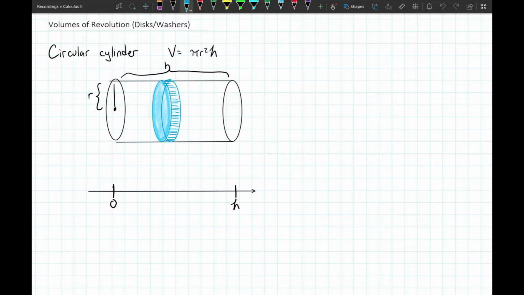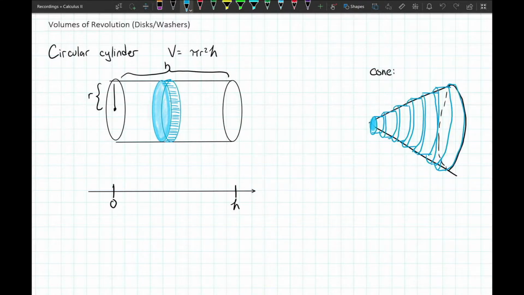But thinking about other objects, for example, a cone, as we move from one position along the x-axis to another and take a look at slices of this volume of revolution, those surface areas are not always going to be the same. Our first is going to be very small at one end of the cone, and as we move towards the opposite end of the cone, the slices have much larger cross-sectional area.